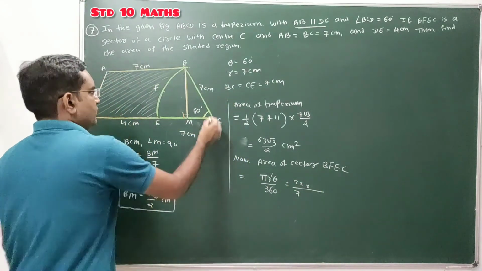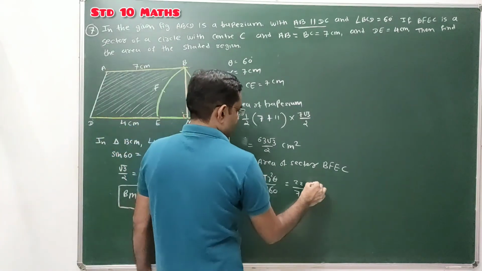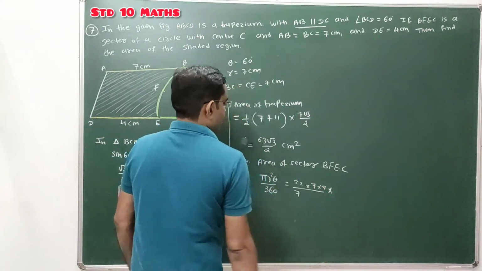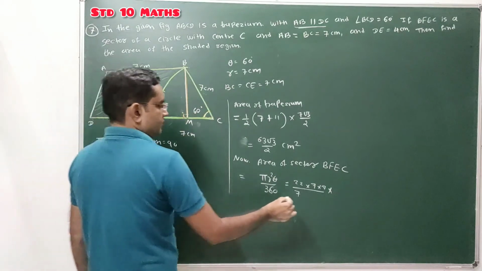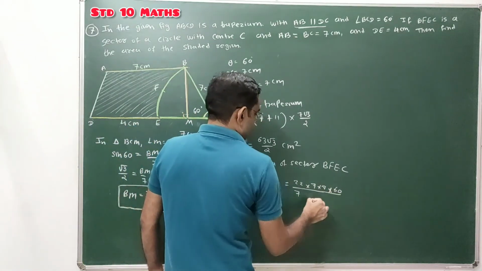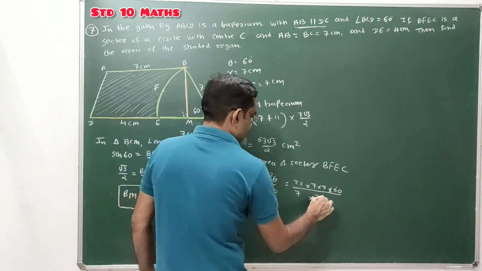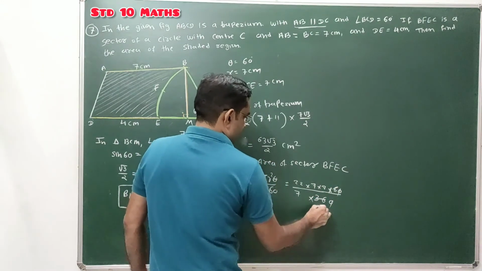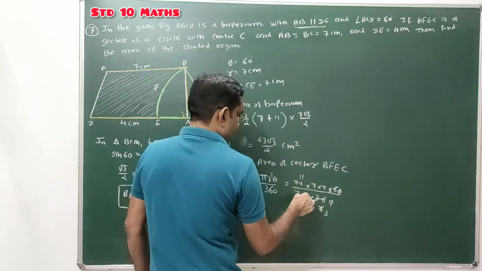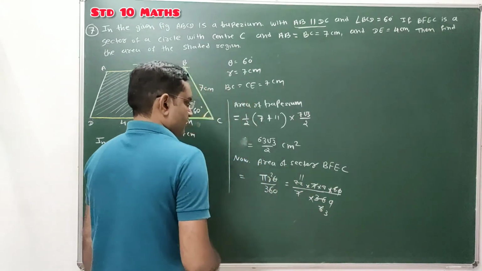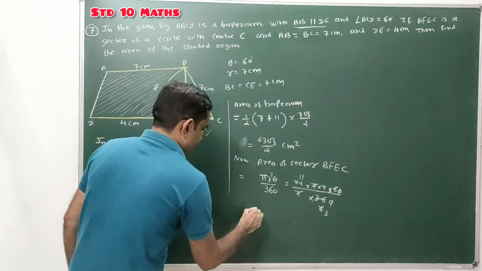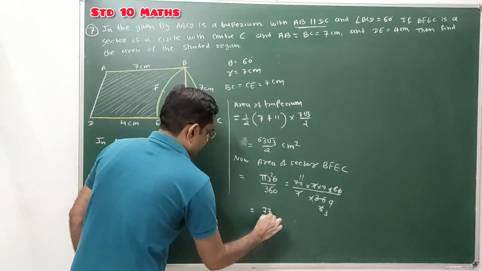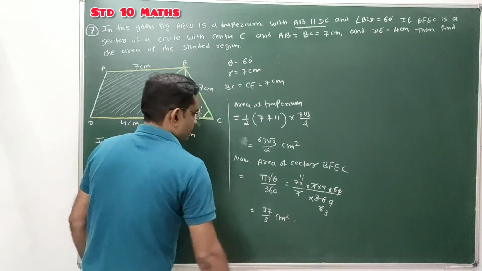Radius r square, radius is 7 into 7, into theta, central angle 60, upon 360. Simplification: 6 6s are 36, 2 3s are 6, 2 11s are 22, 1 7 cut, 77 by 3. This is equal to 77 by 3 centimeter square.